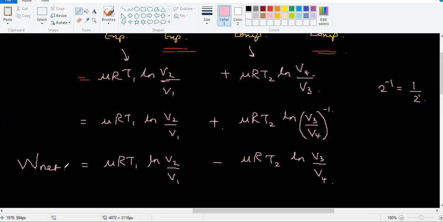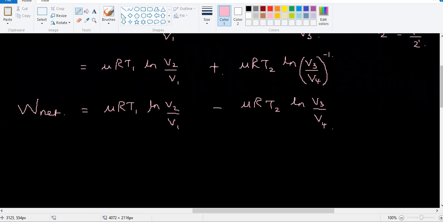So W net. Take down all the steps. For efficiency, as I told you, we are interested in finding the Carnot engine efficiency. Efficiency for Carnot is equal to W net divided by Q in.